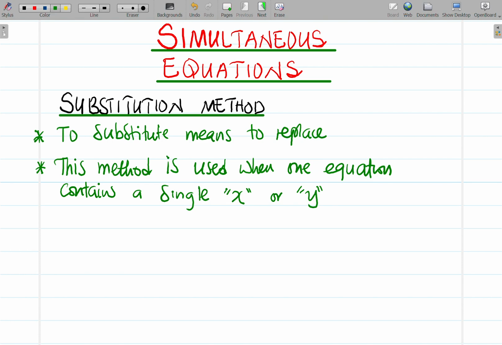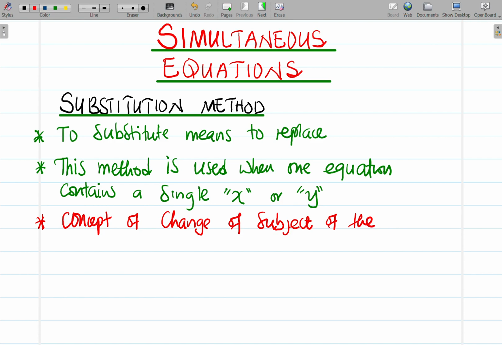Now, one important concept here is the concept of change of subject of the formula.